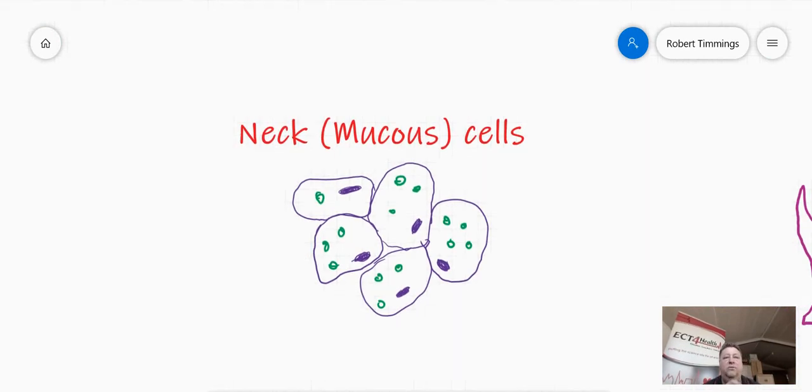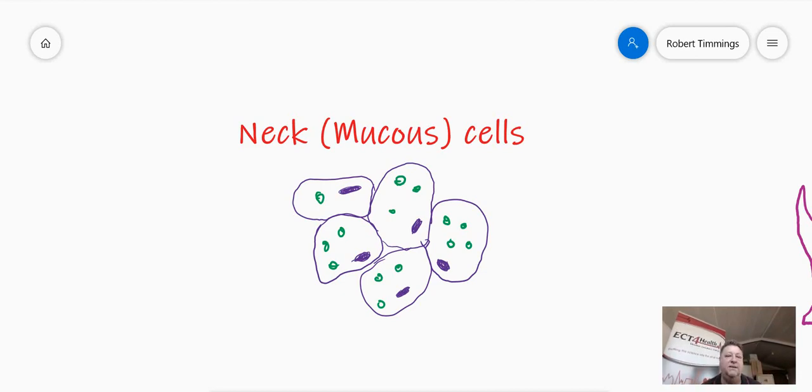You know that your stomach secretes acid, and we're going to do that cell last. That's our parietal cell. But because your stomach secretes acid, why is it that it doesn't dissolve itself? Why is it that you can digest almost all meat-based proteins, but you don't digest your own stomach wall? The reason is because of these guys, called the neck cells, or the mucus cells.